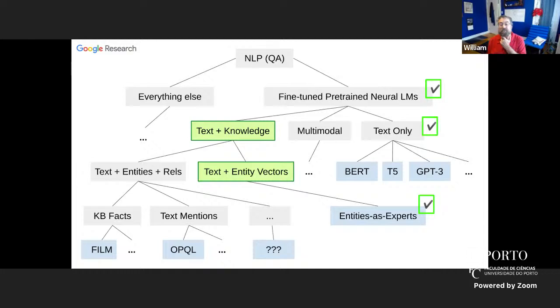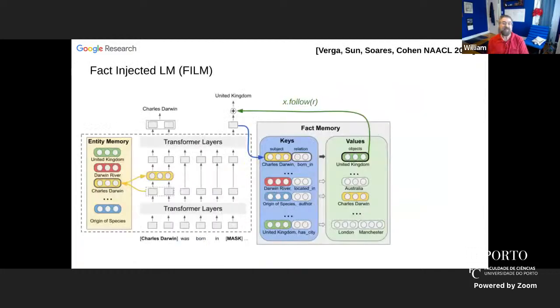Now the question is, can I use this extended language model, which knows only about entities, and extend it so it knows about declaratively stated facts about entities? This is work that Pat and Hai-Chen did, presented earlier this year at NAACL. The basic idea is similar.